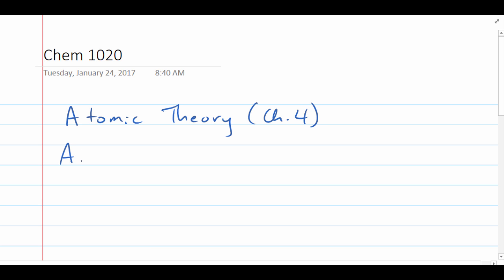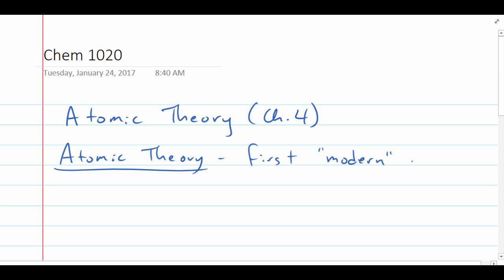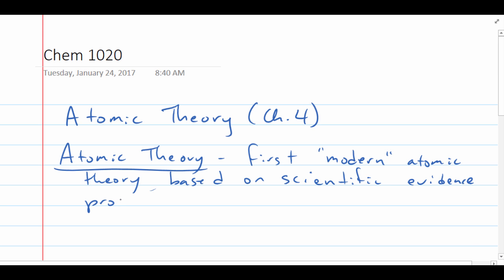But the first atomic theory based on scientific evidence, the first modern atomic theory, and we'll put modern in quotes because it's not quite so modern anymore, based on scientific evidence, was proposed by a scientist of the name John Dalton. And he did so in about 1808.